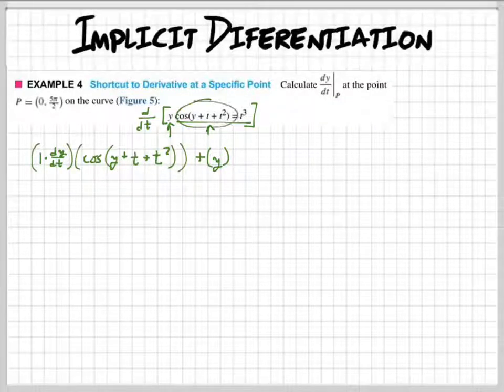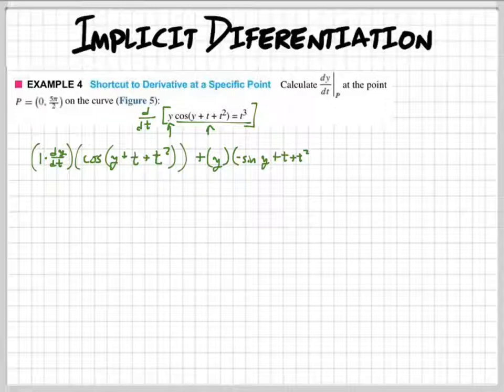Now take the derivative of this. Chain rule time. Take the derivative of cosine, which is negative sine, and I'm going to have y plus t squared inside of that. That's going to multiply times the derivative of this inside part. What is the derivative of y?